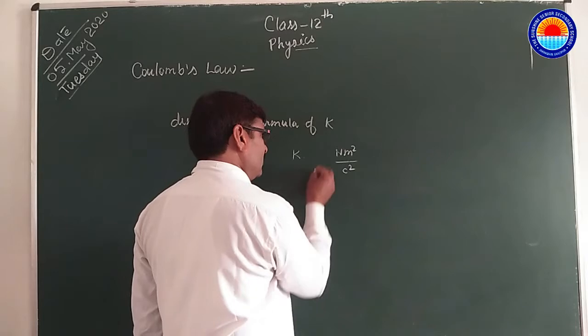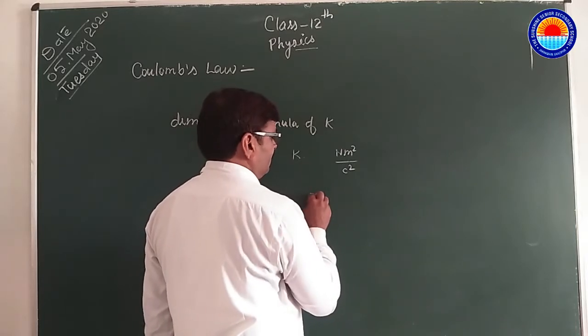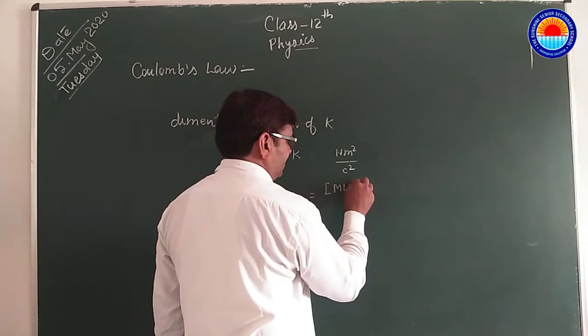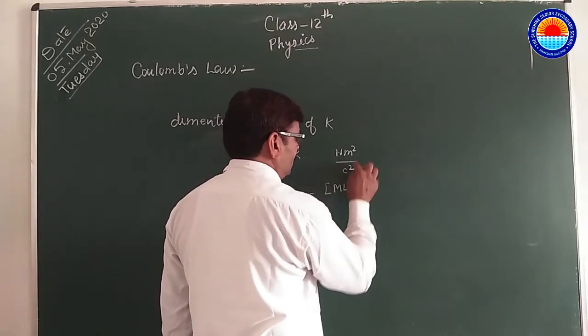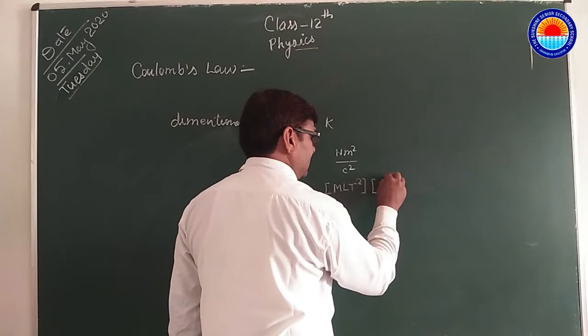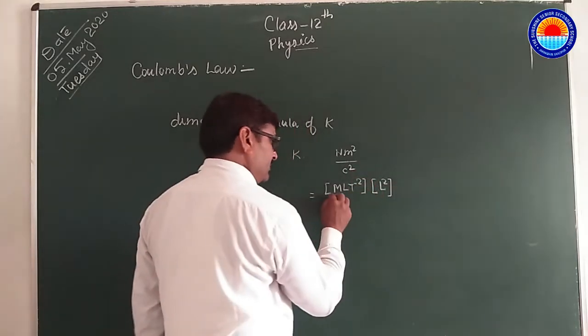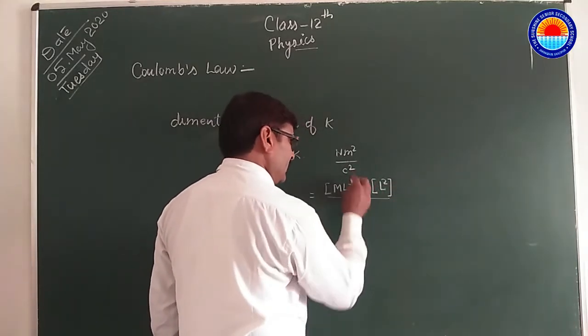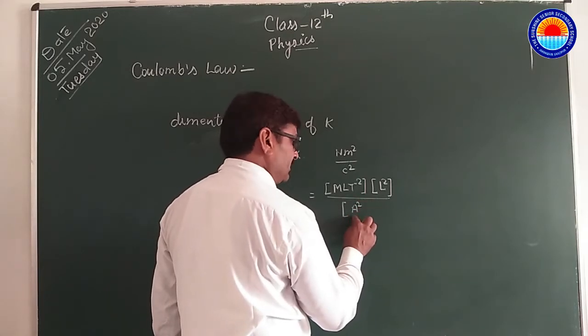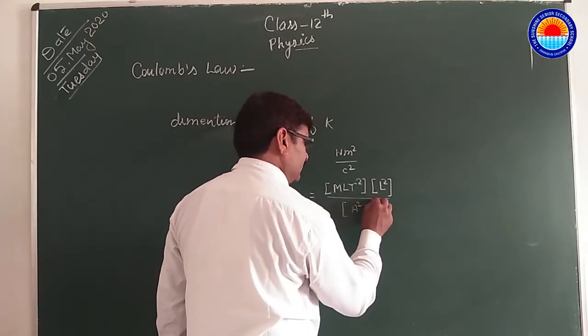That means the dimensional formula of K is the dimension of force, M L T to the power minus 2, the dimension of distance square, that is L to the power 2, and the dimension of C square, that means A square, where A is the unit of current, and T square.